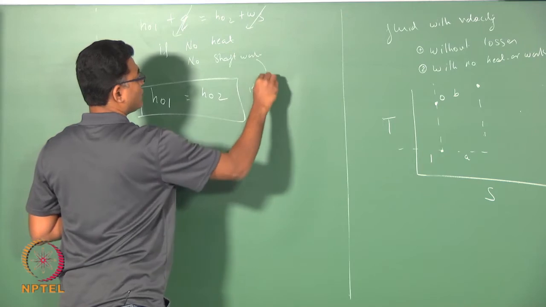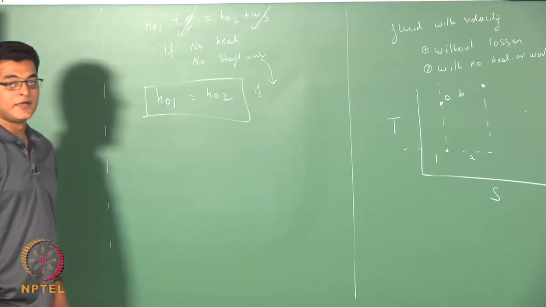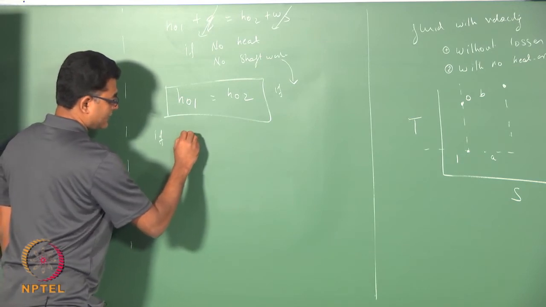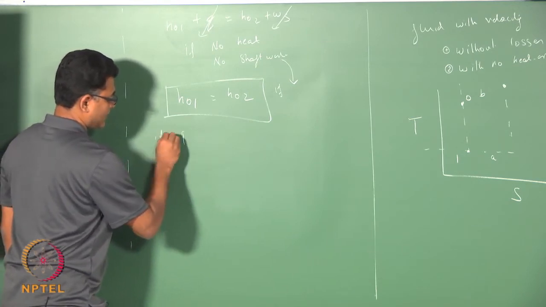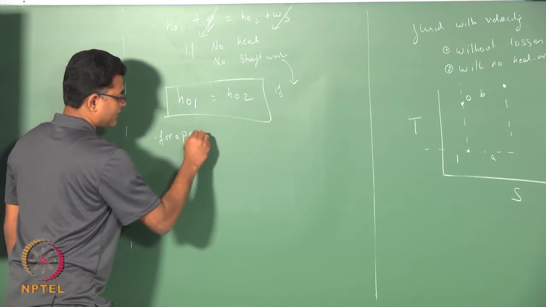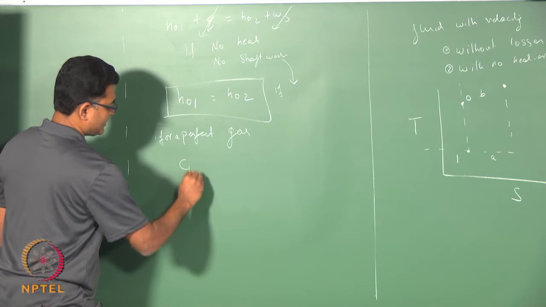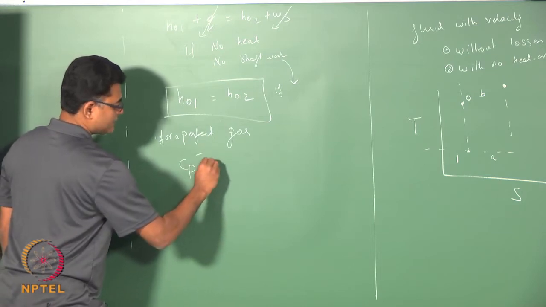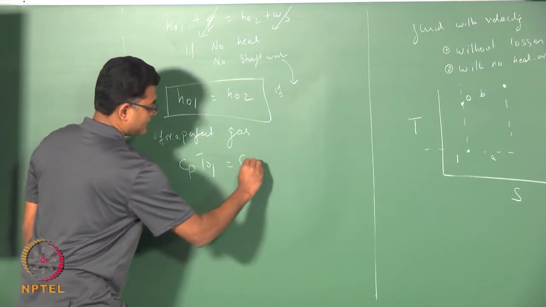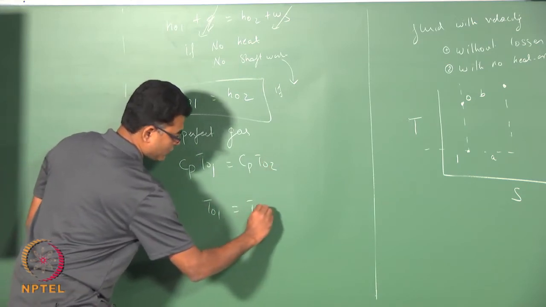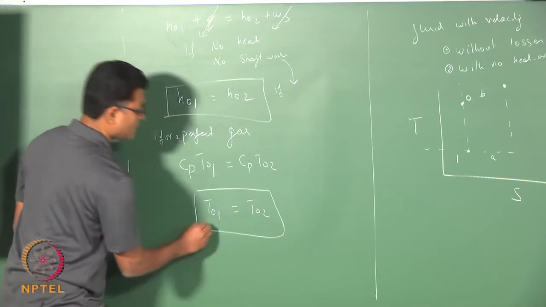If this is true, and if the gas is a perfect gas, I can rewrite this as Cp T01 equals Cp T02, or T01 equal T02.